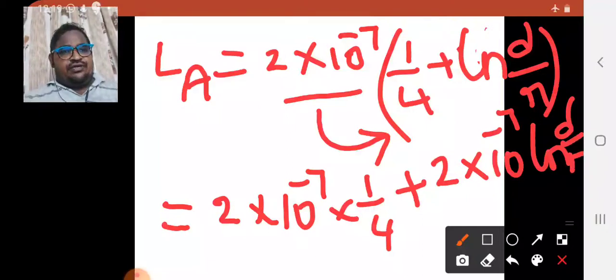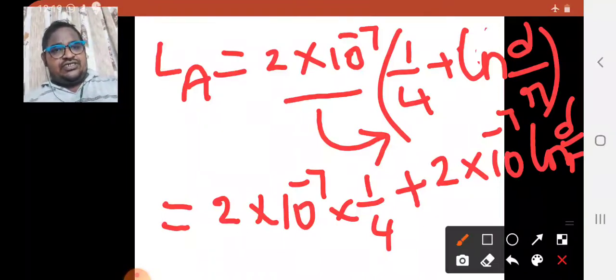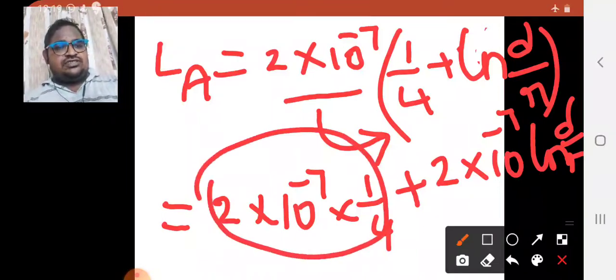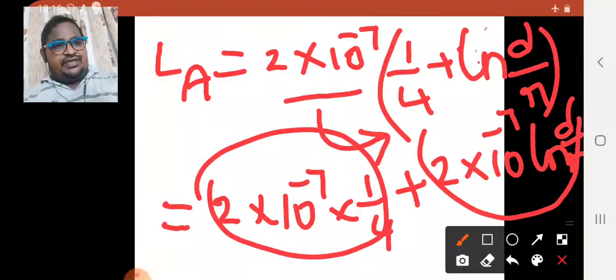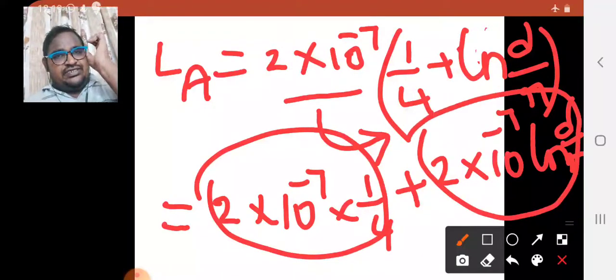Here we can observe that the inductance of the solid wire contains two terms. The first one is 2 into 10 power minus 7 into 1 by 4, and the second term is 2 into 10 power minus 7 ln d by r. The first term is constant, and the second depends on the distance and radius of the solid wire.